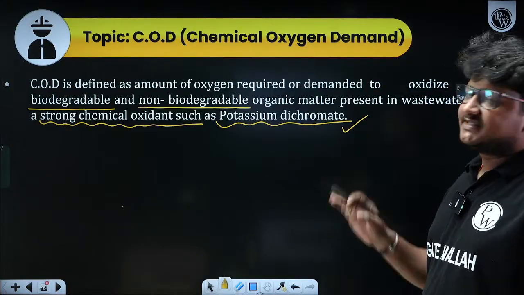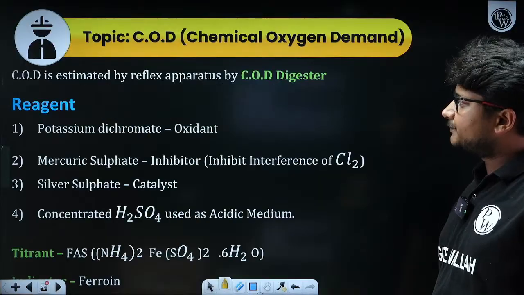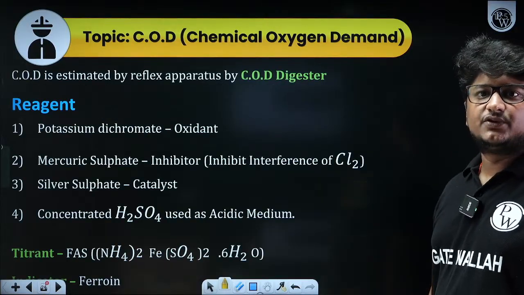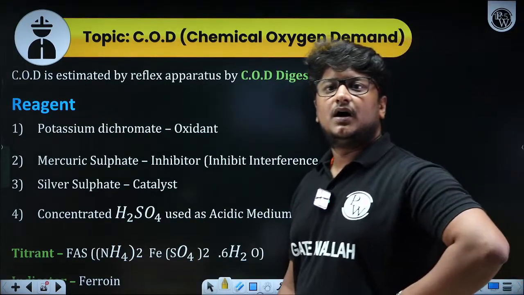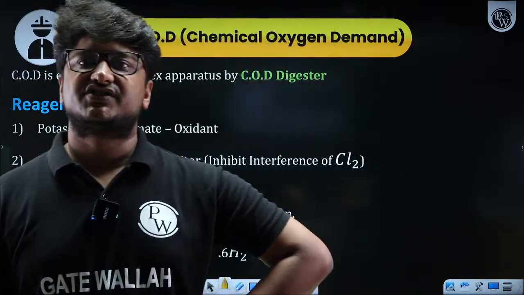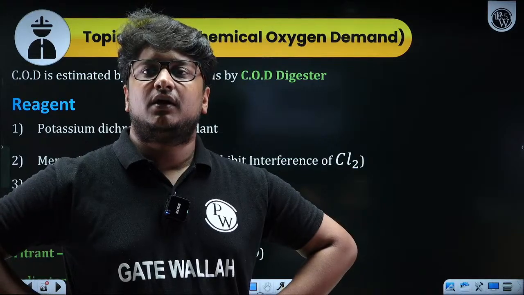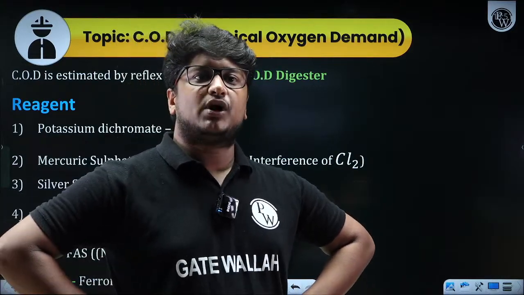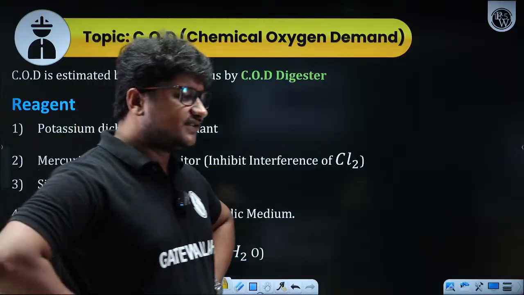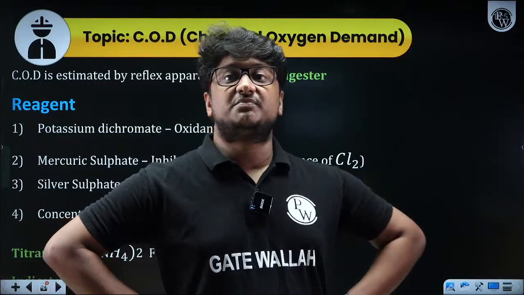Now see, in the COD test, one doubt came in the chat section from Priyanka. Sir, you have taken 2.303. Yes, I have taken 2.303 in the previous question because the value of K was given in base 10.